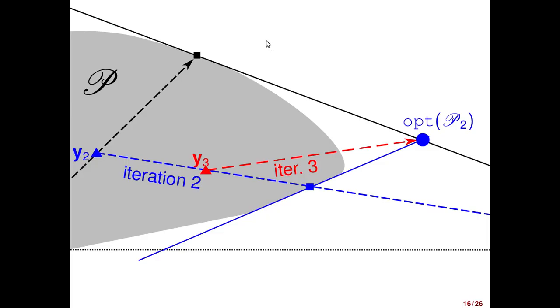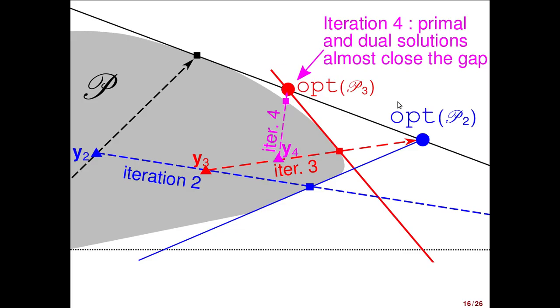Now, let me go back to a figure similar to the one presented some 7 minutes ago. Let's say this P is the SDP feasible area. So I have Y3, which is feasible. Opt P2 is the outer solution computed only on the basis of the currently generated constraints, by optimizing over the constraints I know up to now.